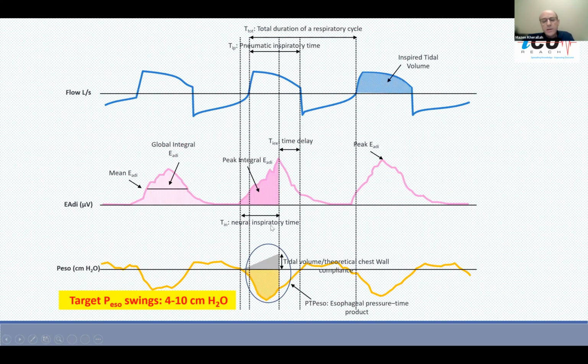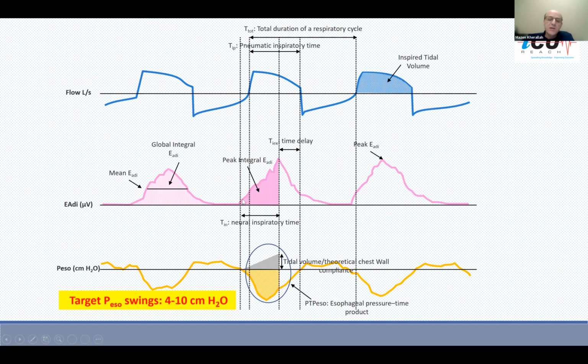If you take a look here, you can see that if this is what's happening with the patient, this is what you see. Take a look at what's happening in the muscles. You will appreciate that the electrical activity ends here in the middle of the inspiration, in the inspiratory time of the ventilator. So this is the inspiratory time on the ventilator. The ventilator is triggered here. This is the trigger by the patient, of course.